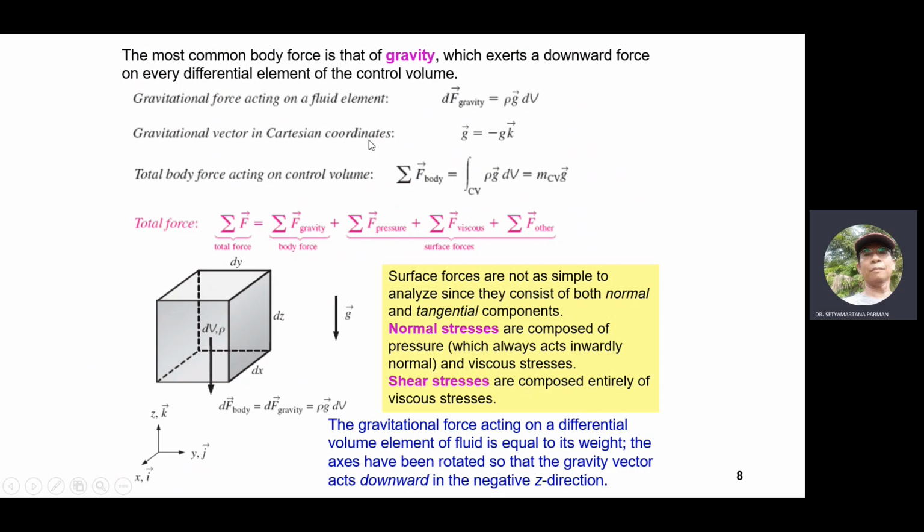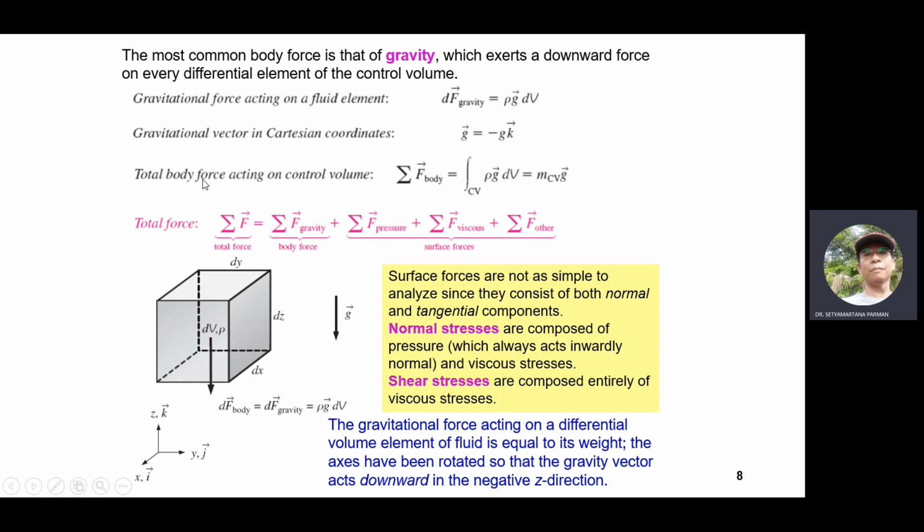The gravitational vector in Cartesian coordinates, again, we use the unit vectors i, j, k. So the gravitational vector is equal to minus g k. k is the unit vector in the z direction, and g in this expression is a scalar parameter.